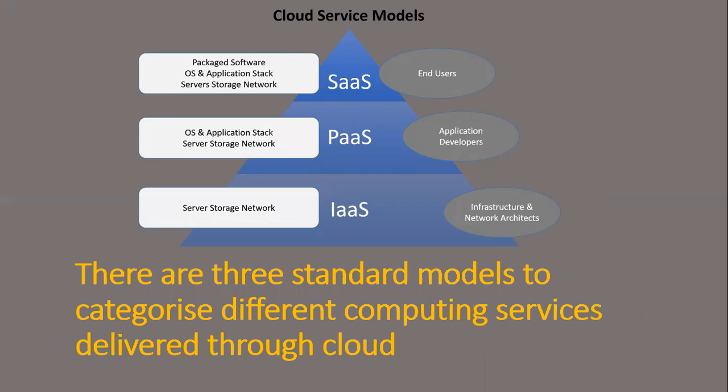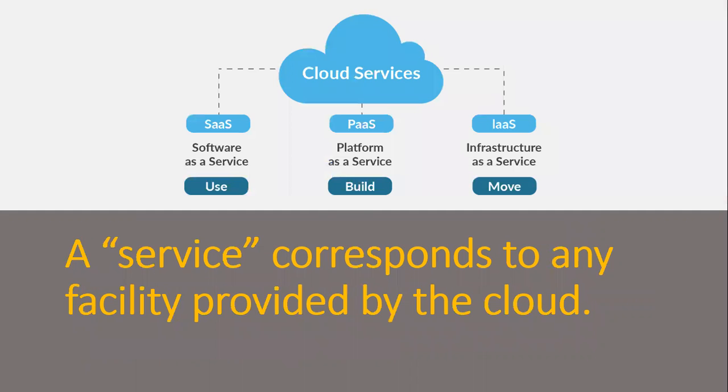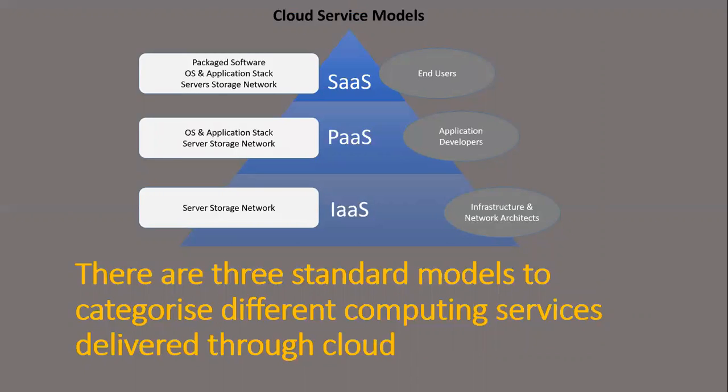And normally the services that fall in SaaS, that is software as a service, is basically packaged software or an application server or storage network. Platform as a service is normally used by application developers, and they get access to operating system and application stack server storage network.